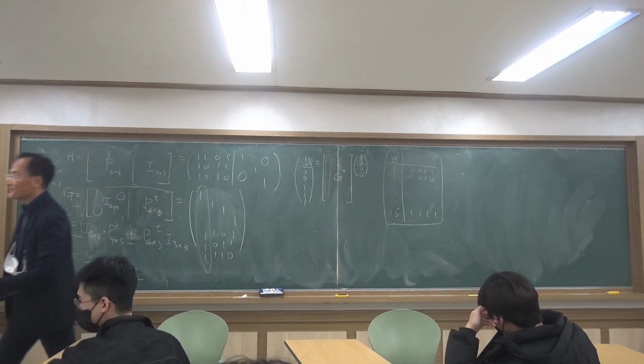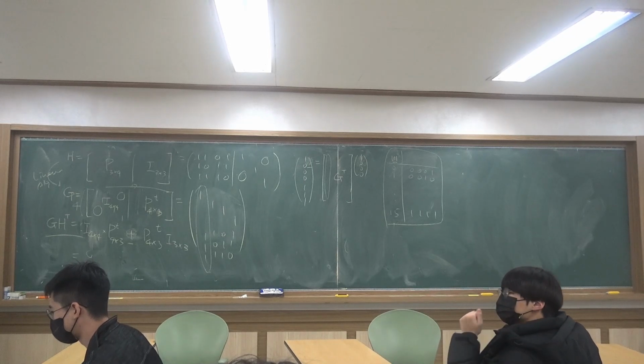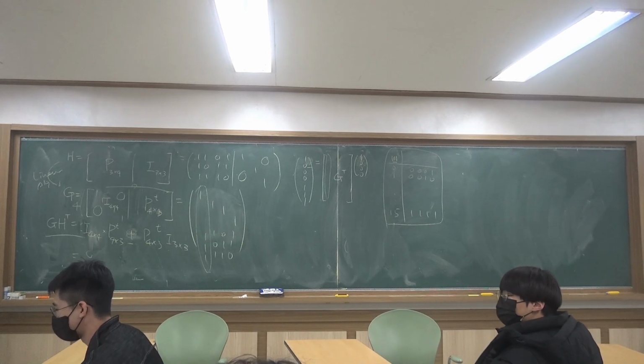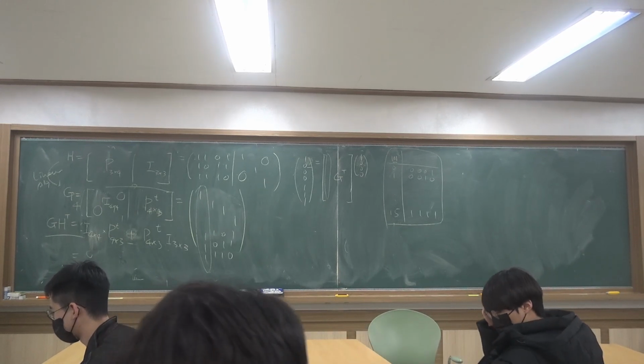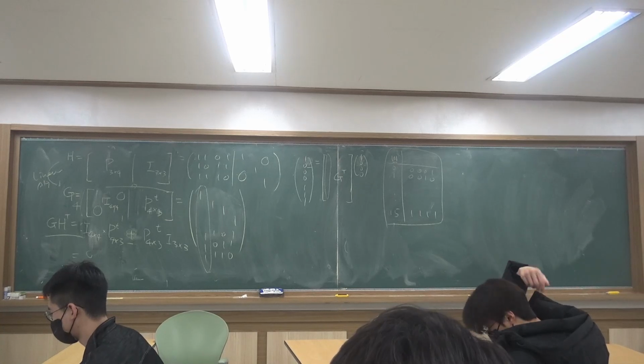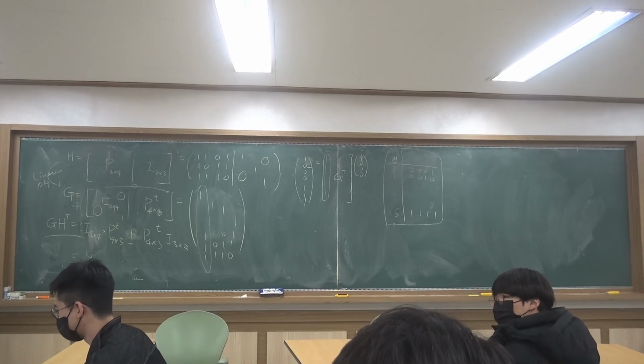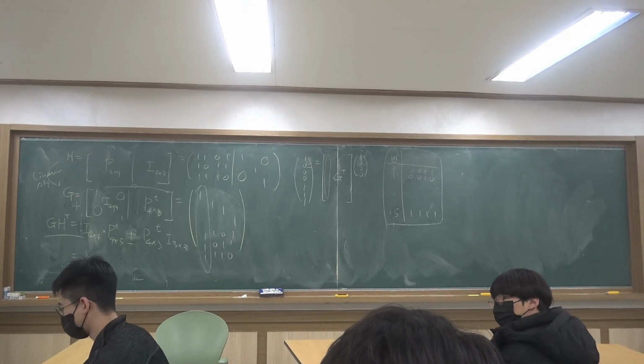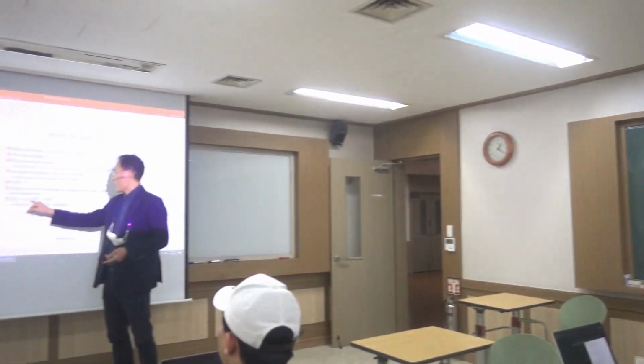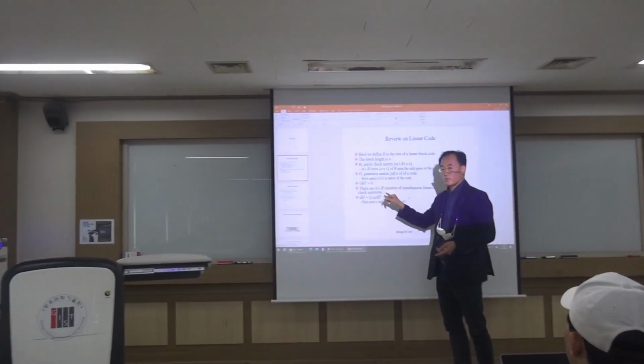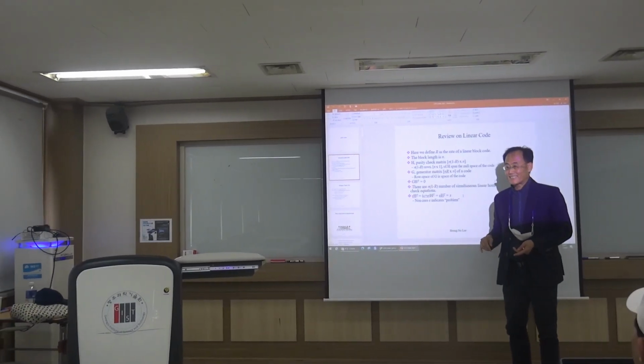And this relation right here: once you have received the word, multiply it with H transpose. The received word has 2 parts, code word part plus error part. If you distribute C and E, what you have is C times H transpose, which is supposed to be what?